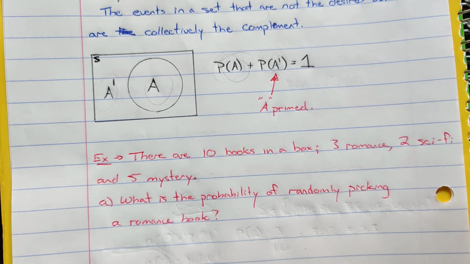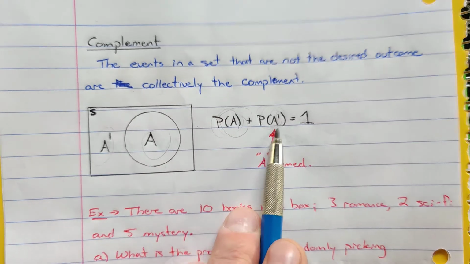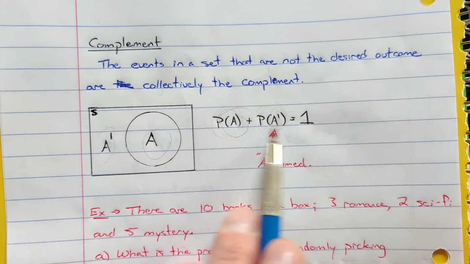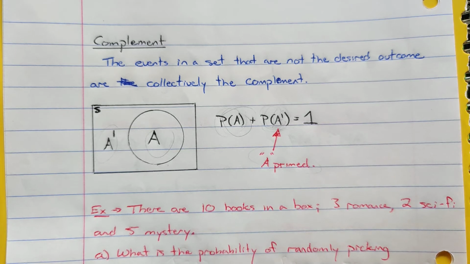Now, with probability, the opposite of something is the complement of that, which is the probability of it not happening. So the probability of event A, the opposite is the probability of event A primed. So A primed, that little tick, is not A to the power of 1.